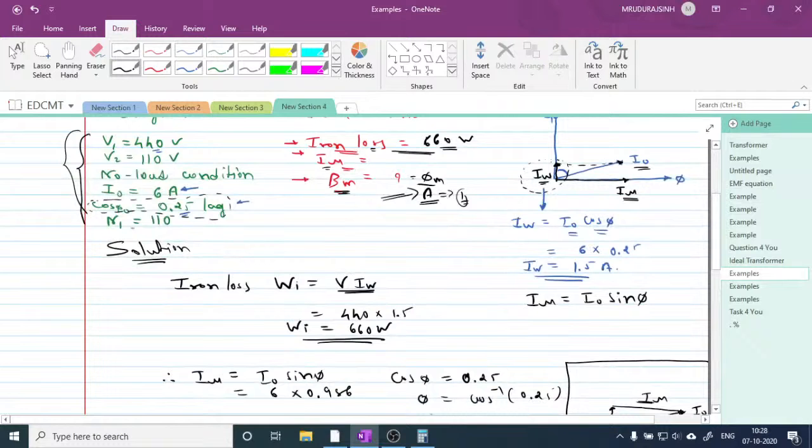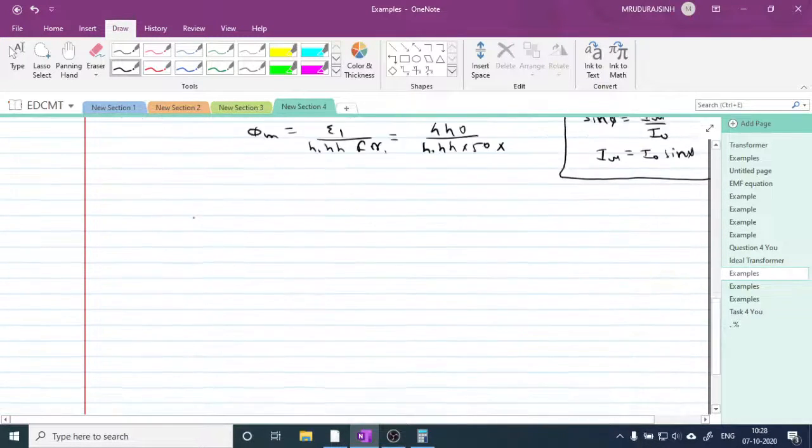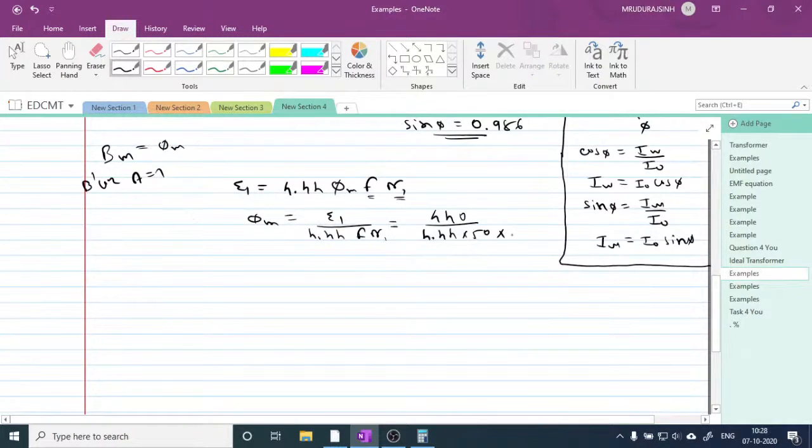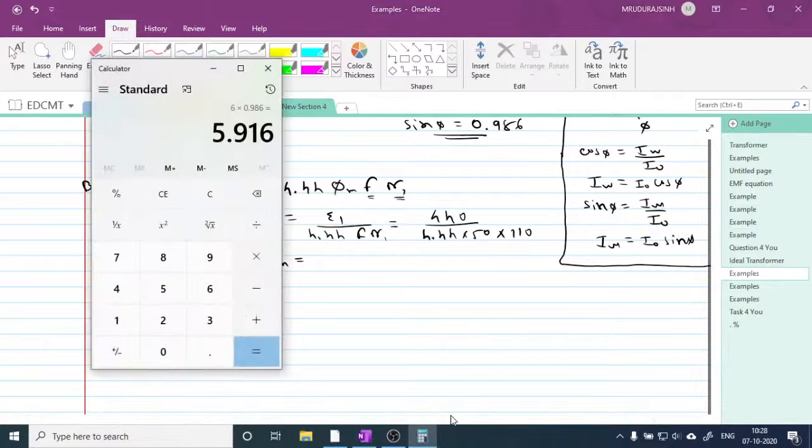It's given over here, primary number of turns, it's 110. So phi m is equal to 440 divided by 4.44 divided by 50 divided by 110.